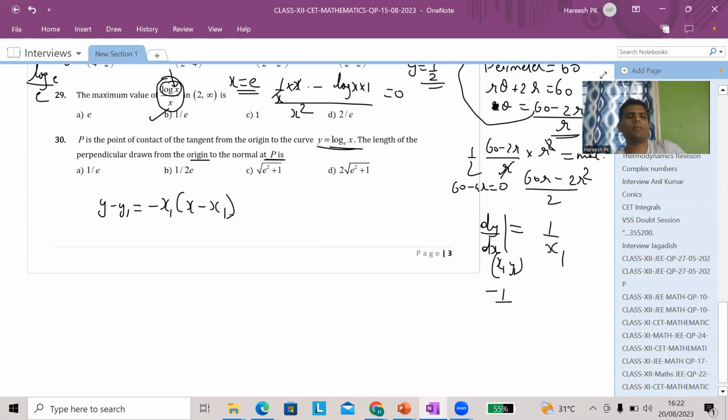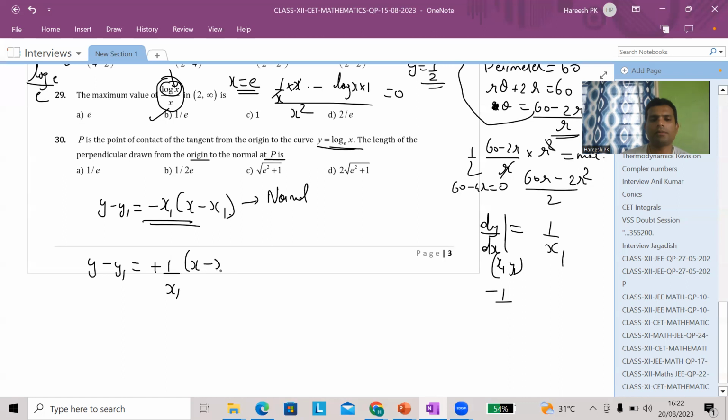They're saying P is the point of contact of the tangent from the origin, right? So now we'll have to find out. This is the equation of normal. Now the equation of tangent is y minus y1 is equal to 1 by x1 into x minus x1.